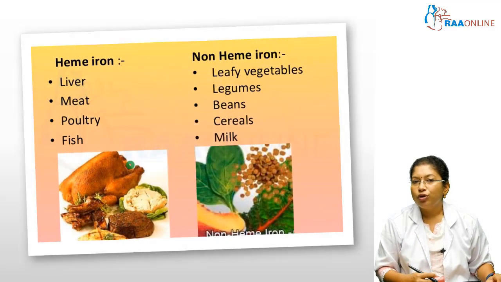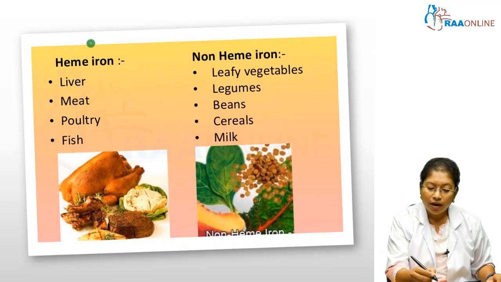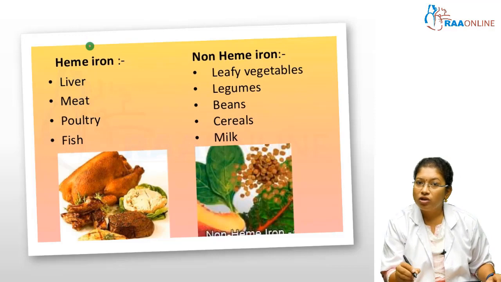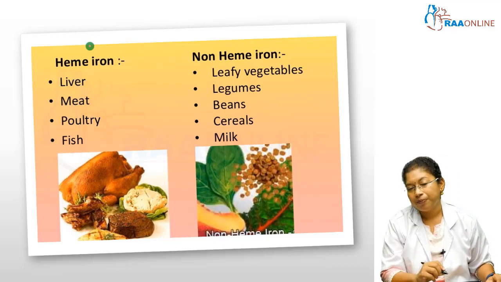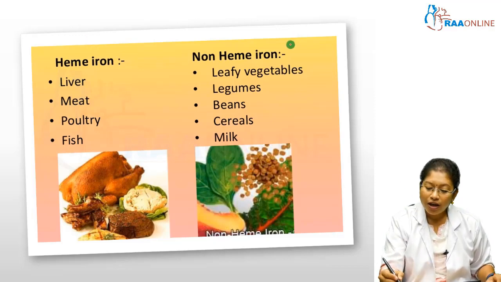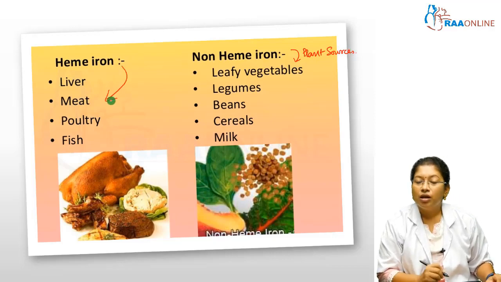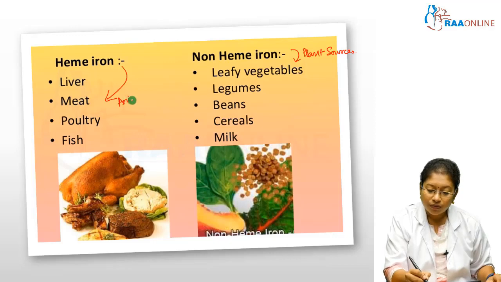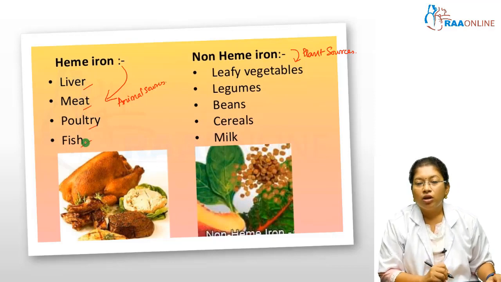Next, moving on to the sources of iron in our body. One is heme iron and another one is non-heme iron. Your non-heme iron comes from plant sources, whereas your heme iron comes from animal sources like liver, meat, poultry and fish.